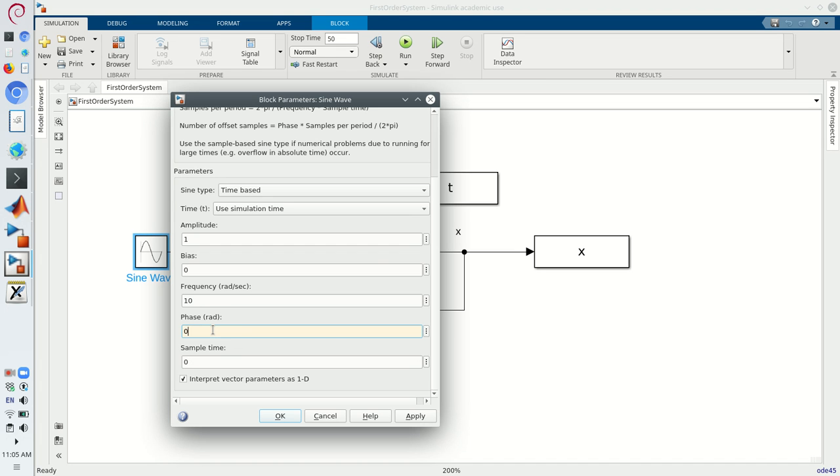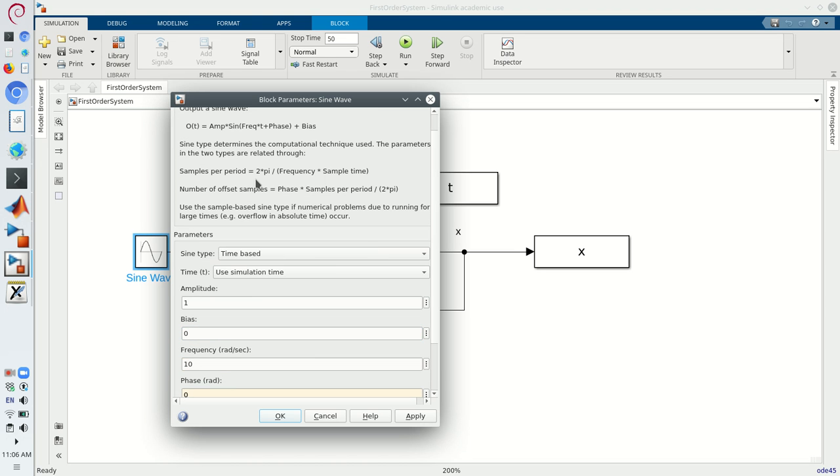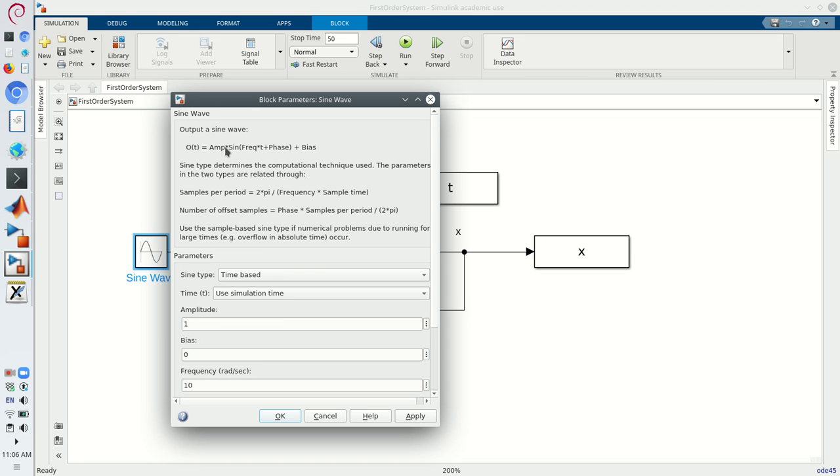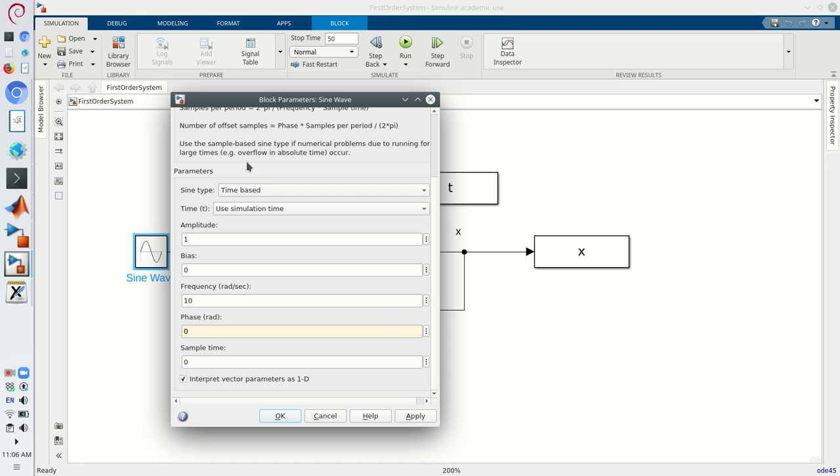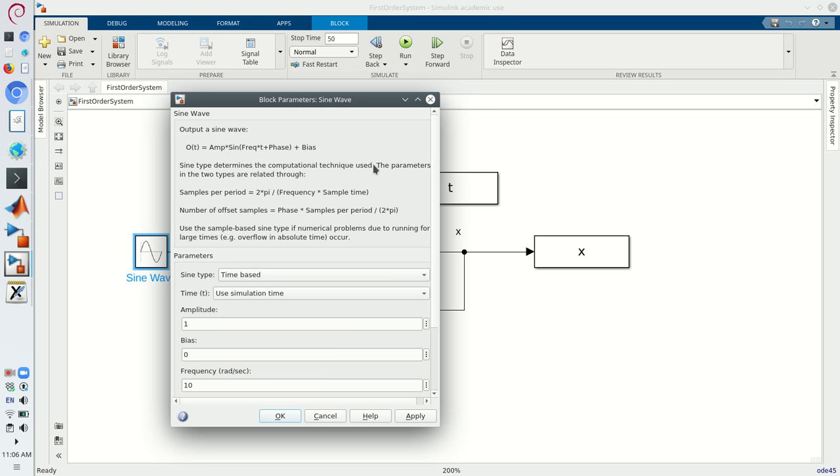If I put the phase equal to 0, if we check here in the description of this function, it says that the output is a sine wave, so it's a sine. We did all our computations using a cosine, so what I want to do here is to choose as phase pi divided by 2. If I choose pi divided by 2, I have sine of omega t plus pi divided by 2, so this sine becomes a cosine.